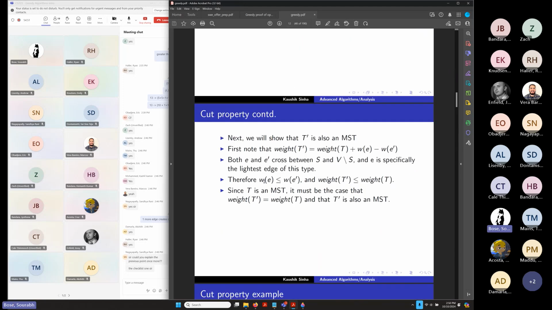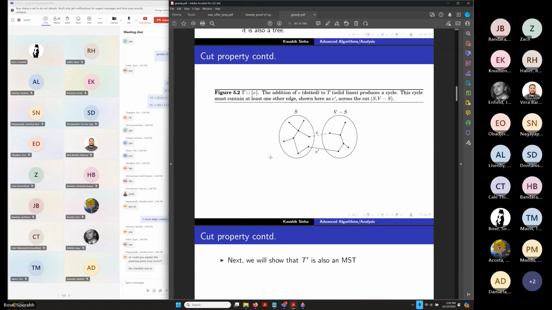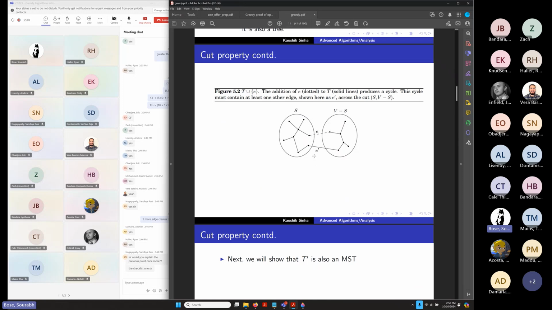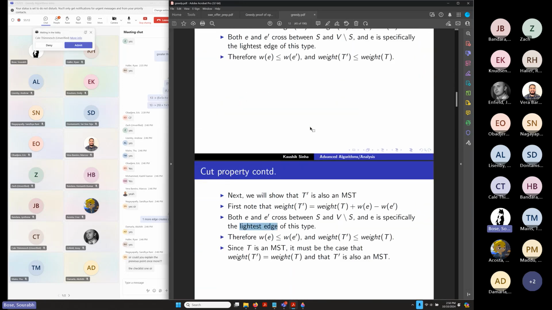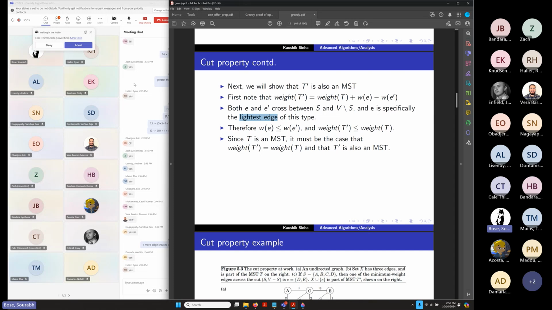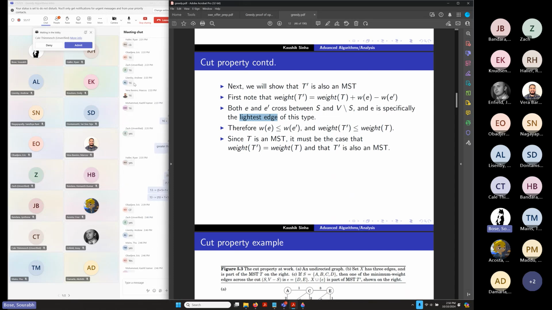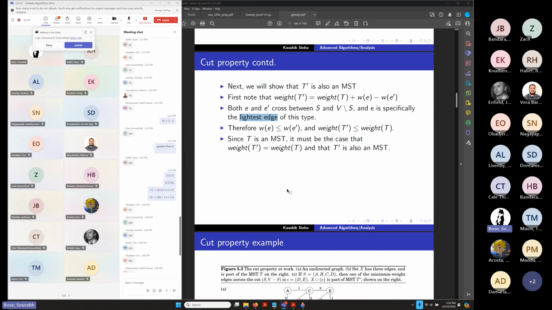We have assumed, our greediness has assumed, that E was the lightest edge, right? We are trying to add this dotted edge E, and this E is the lightest edge across these two sets. E prime has a larger cost. So it is the same math that we did earlier, when we did 16 and 13 and that 16 plus 3 minus 2 thing.